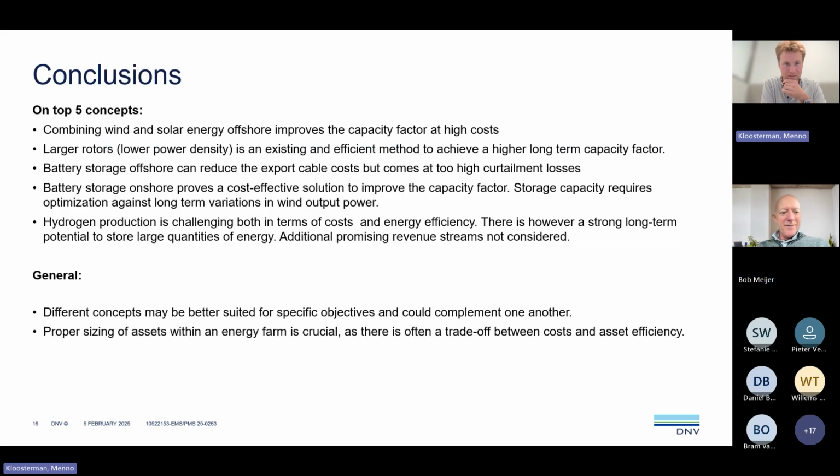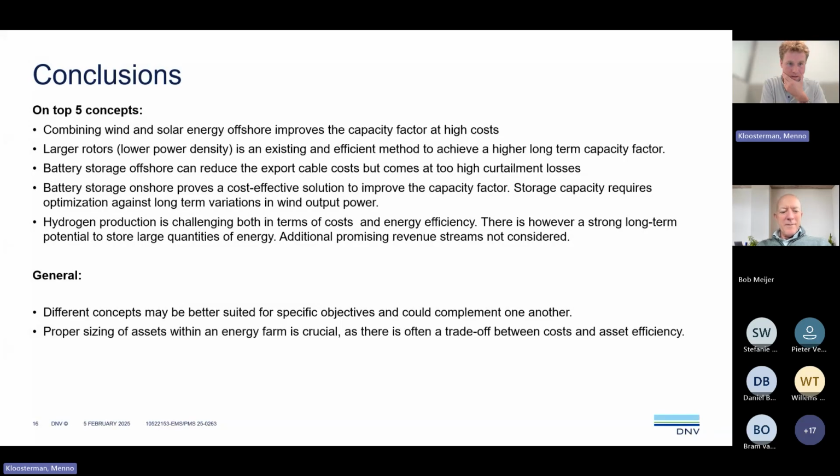So we did find methods that could achieve a higher capacity factor, for example, battery storage, onshore, offshore. Hydrogen production was, in our view, challenging in terms of the cost and the energy efficiency.